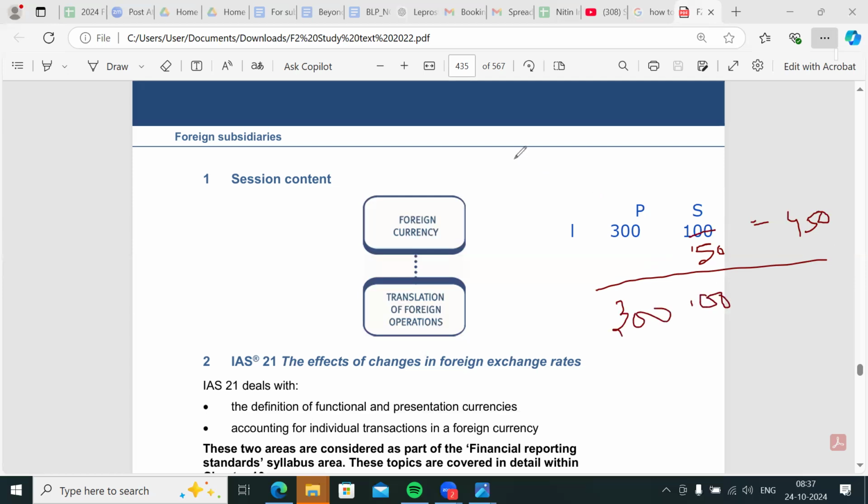Now the dollar rate is $1.75 is equal to 1 pound, or 1.60 whatever. Okay. So now how much should we put over here? We should put 160, right? So this becomes now 460.